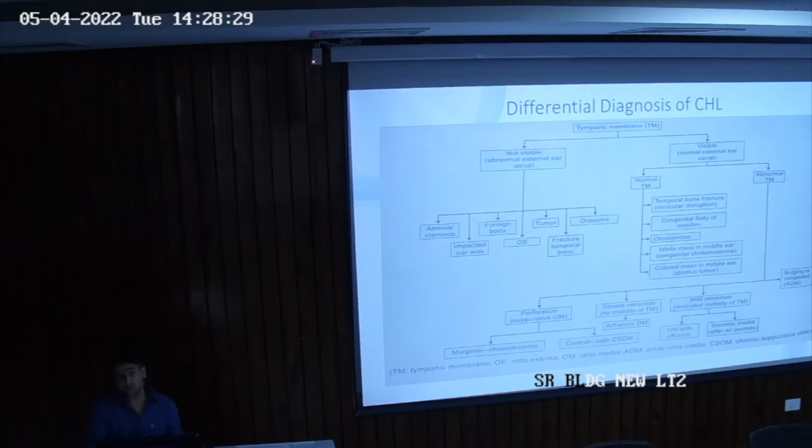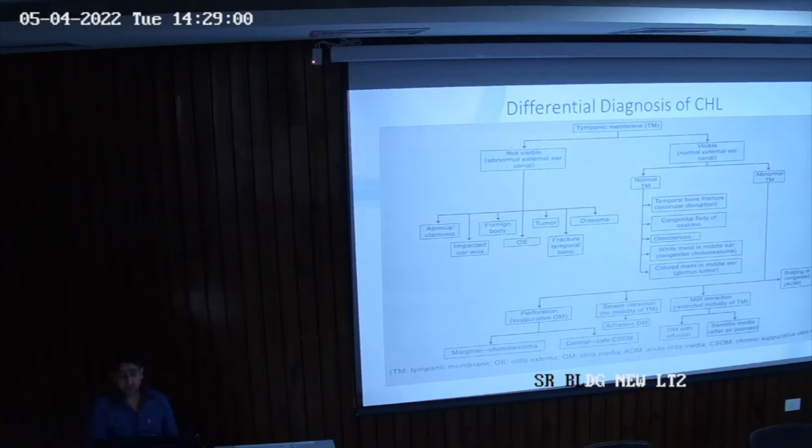Recently we saw a case in which one person was saying that I have been having bouts of sneezing for the last 10 days and now I am not able to hear. He was sneezing so forcefully that so much back pressure was generated that ossicular discontinuity occurred. That we saw very recently.